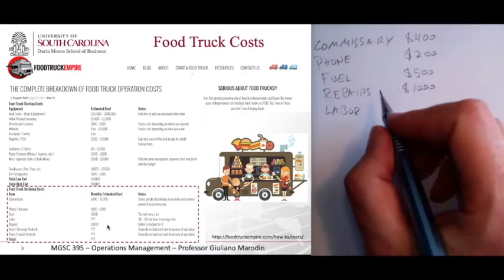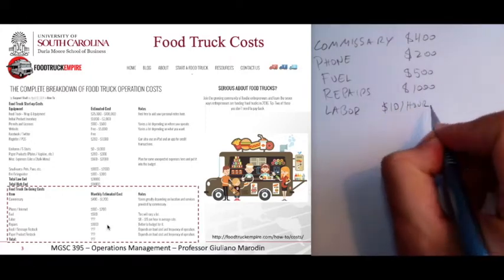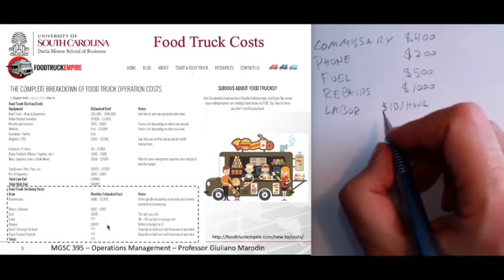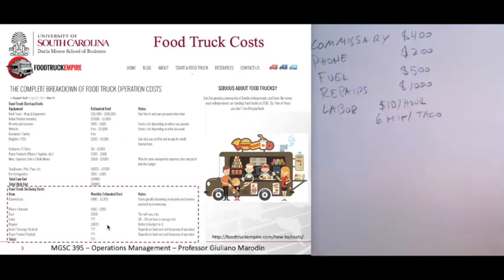So let's say that, just to make things simple, we're going to pay $10 per hour. But then we need to find out how much time it takes to make a taco. Just to make things simple, I would say that it takes 6 minutes per taco, just to make our math work.